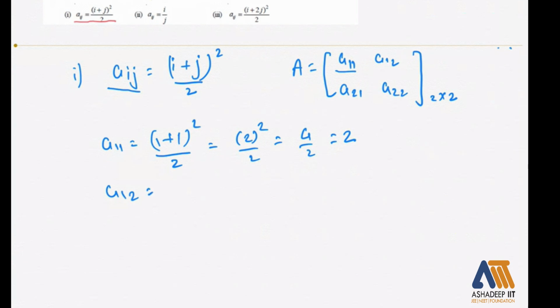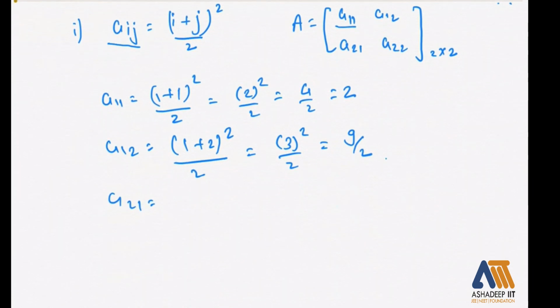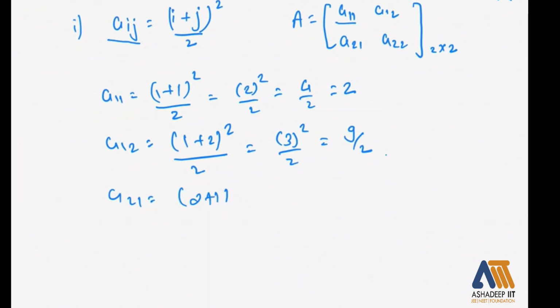Next element A12, i is 1 and j is 2. (1 plus 2) whole square by 2. So 3 square upon 2, which is equal to 9 upon 2. Next, A21 is equal to (2 plus 1) whole square upon 2, again 3 square by 2, which is equal to 9 by 2.